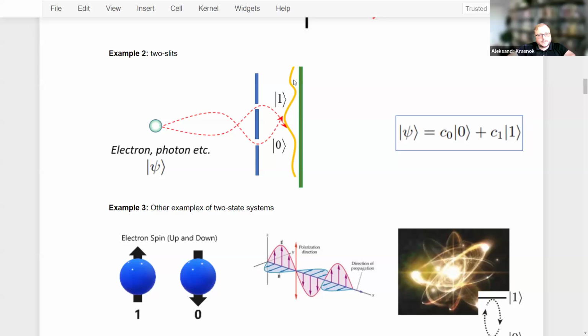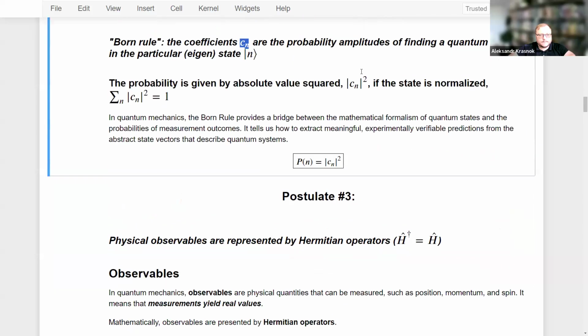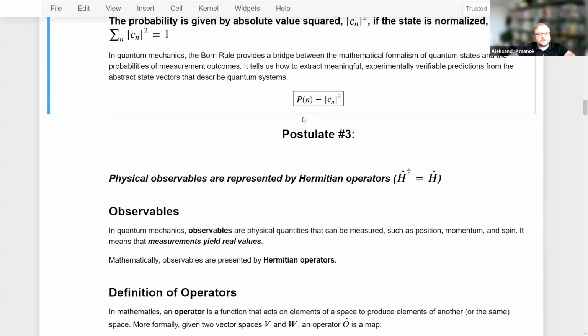Then the superposition of the two leads to this function. But measuring through which slit the electron goes is given by the absolute value squared. So this is Born's rule principle.